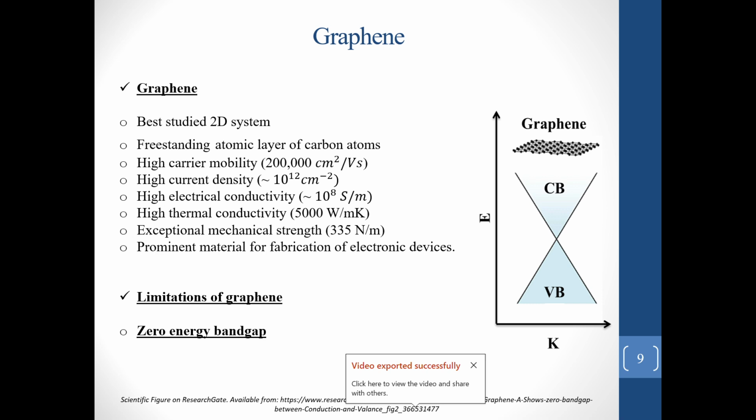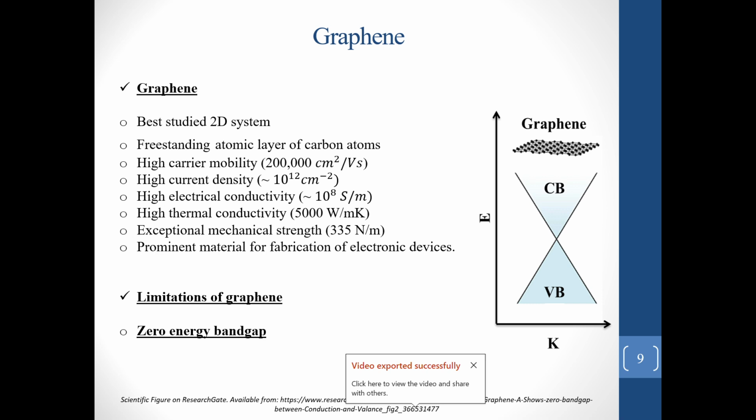It has a high carrier mobility, up to 2 lakh centimeter square per volt second, and high current density, approximately 10 to the power 12 per centimeter square, and high electrical conductivity, approximately 10 to the power 8 siemens per meter. And high thermal conductivity, which is 5000 watt per meter kelvin.